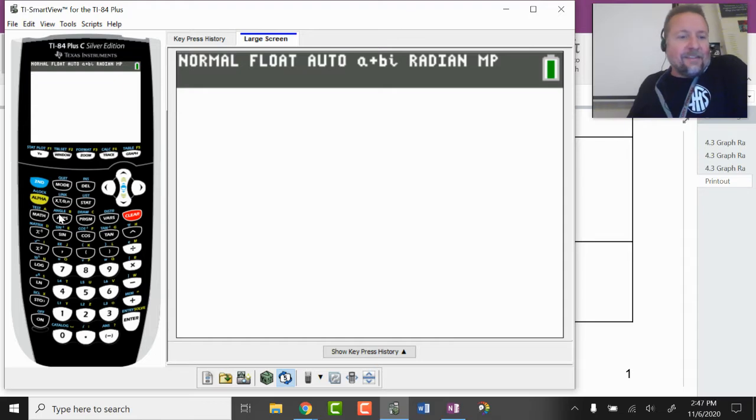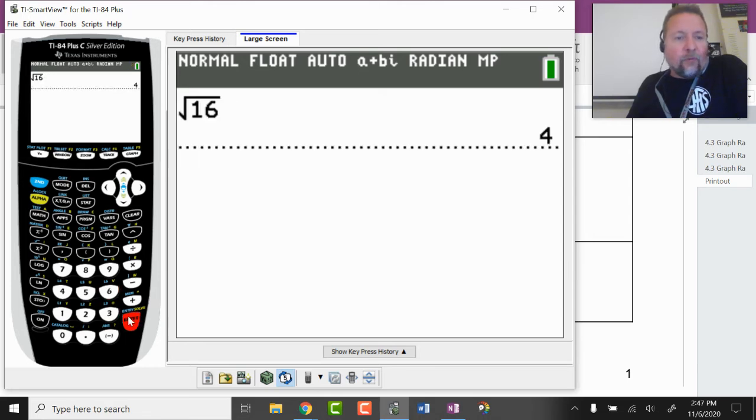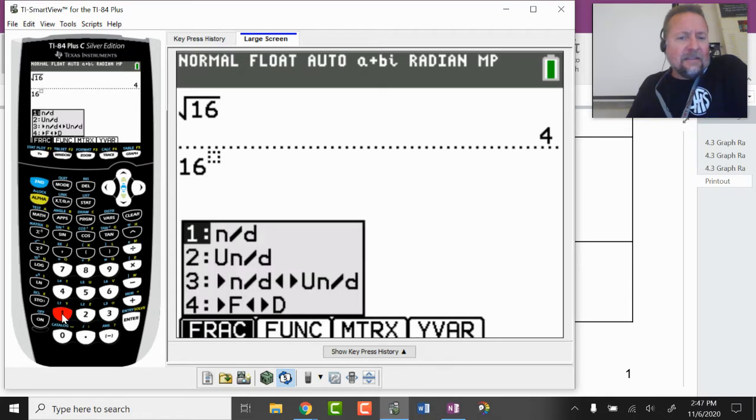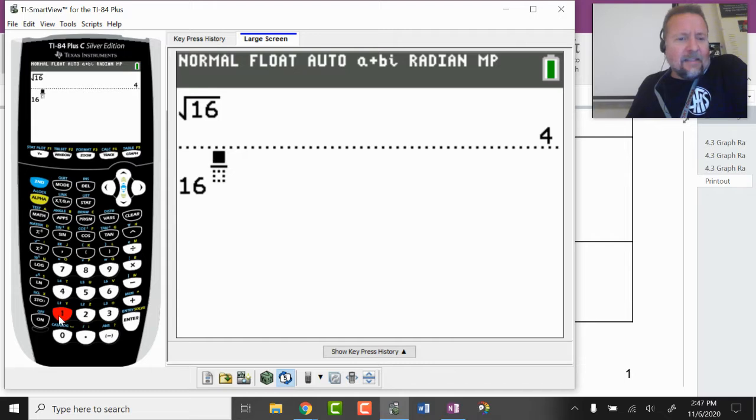Okay, so let's not do square root of 4, let's do square root of 16. Boom, we all know that's 4. So let's do 16 to the 1 divided by 2 power, because that's what I just said, this new thing from Mr. Samulus. 16 to the 1/2 power, so 16 is raised to the first, and then it's square rooted, and the 2 goes in the bottom of that fraction.